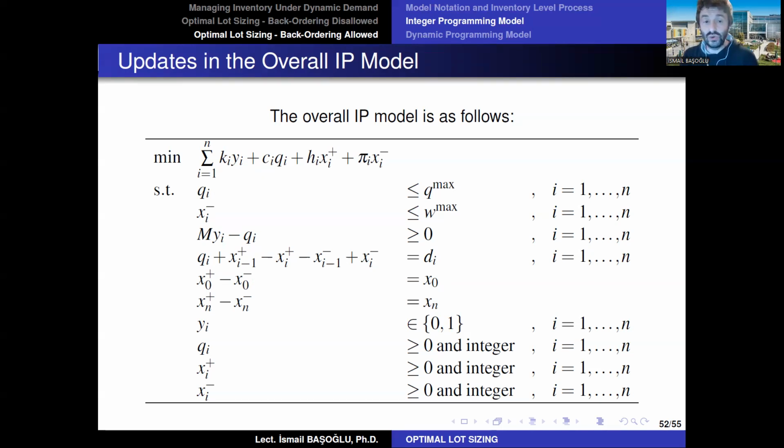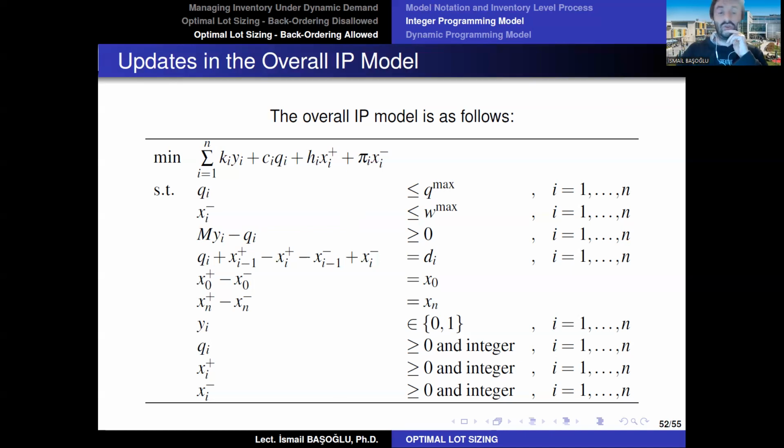If yi is equal to 1, however, then qi is just going to be any non-negative value as long as it satisfies the first set of constraints, obviously. So this relationship is basically creating the dependence between yi and qi values.